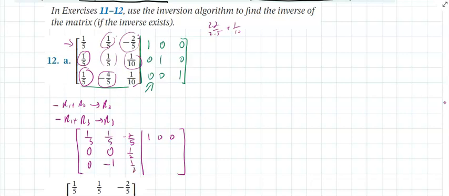Now, if I multiply this by negative 1 and add it to this row, that will become negative 1, 1, 0. If I multiply this by a negative 1 and add it to this row, that will become negative 1, 0, 1. I just want to make sure you see it. I'm going to do that one. So if I multiply row 1 by a negative 1, that's negative 1/5, negative 1/5, 2/5, negative 1, 0, 0.